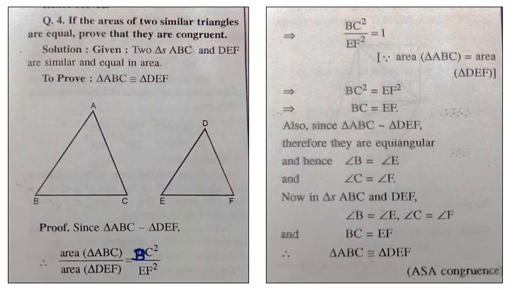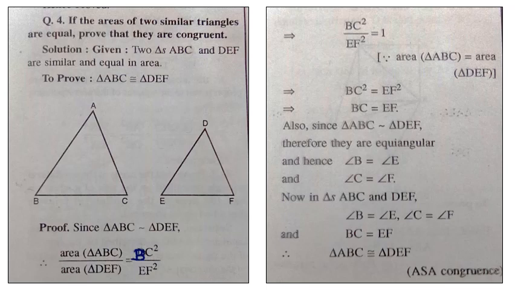Question number 4. If the areas of two similar triangles are equal, prove that they are congruent. Solution. Given that two triangles ABC and DEF are similar and equal in area. To prove that triangle ABC is congruent to triangle DEF.